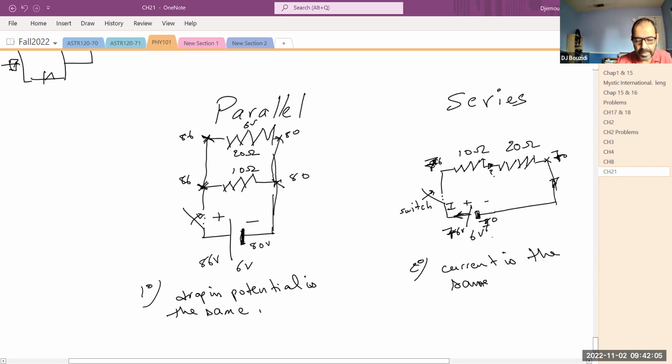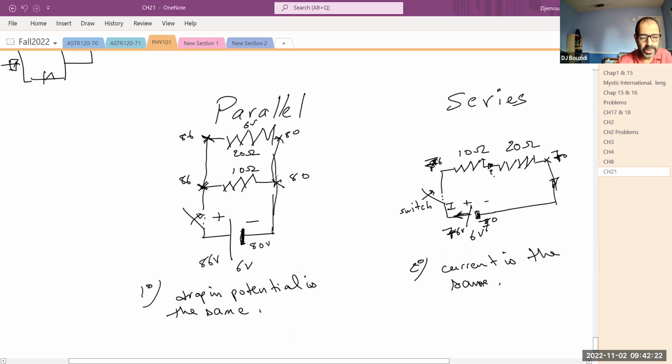So that is one big difference. The voltage drop in here is the same. The current here is the same.